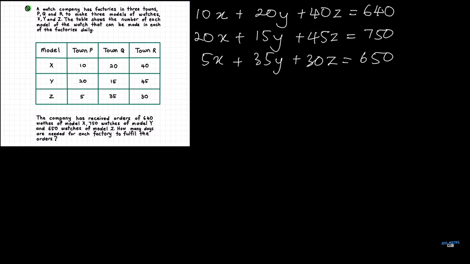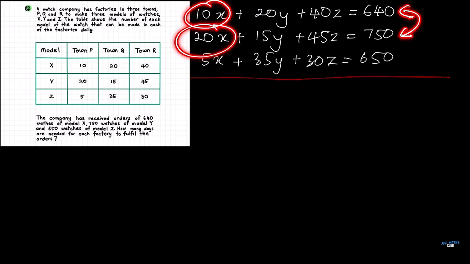So, let's do simultaneous equation. Let's solve this linear equation. So again, saya boleh gunakan elimination method. That is like pretty easy to do that. Okay, so now let's look at equation 1 and equation 2. And let's look at the variable x. 10, 20. Easy, darab 2, the equation 1.